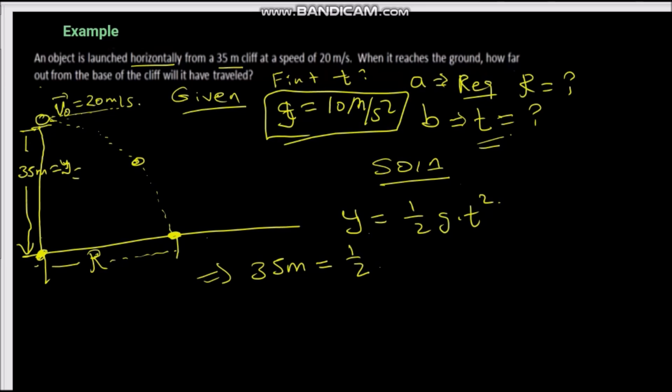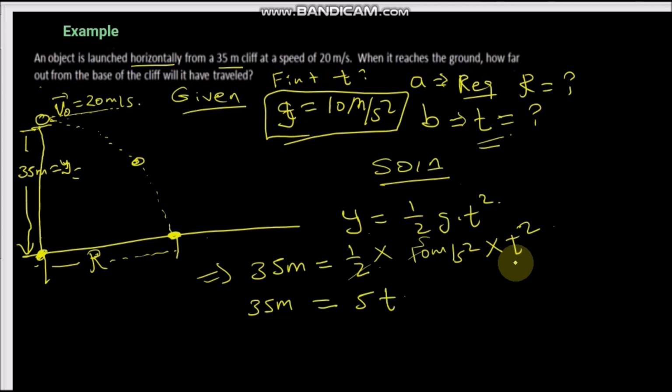This is an example. In calculation they will give you the value. Don't worry. So 35 meters is equal to 1 over 2 times g, 10 meters per second squared, times t squared. Now 1 by 2 times 10 is 5, so 35 meters is equal to 5 t squared, because 10 by 2 is 5.